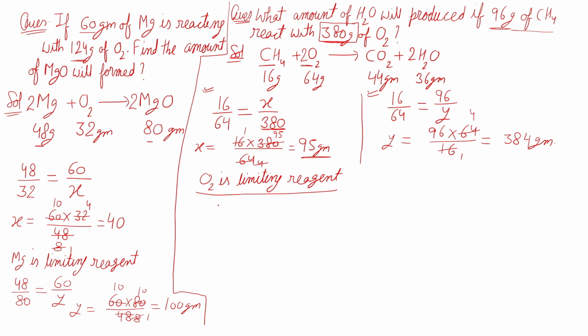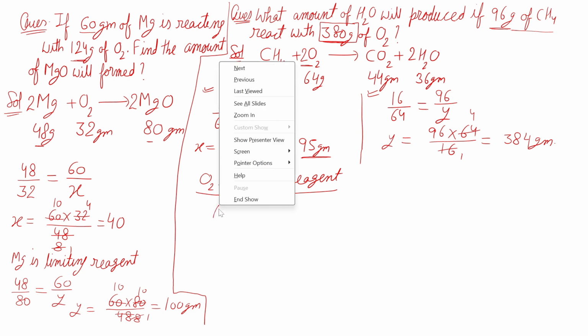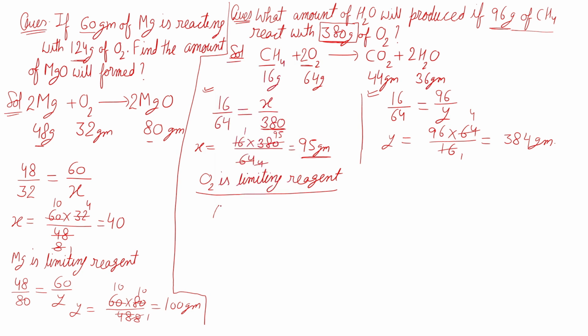Okay, so by the chemical reaction we can say 64 gram oxygen produces 36 gram of water.